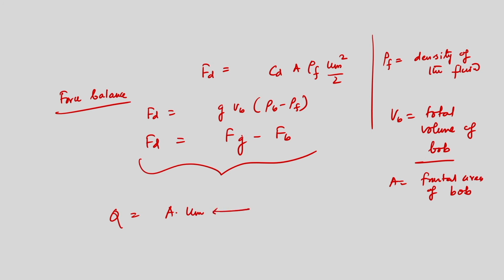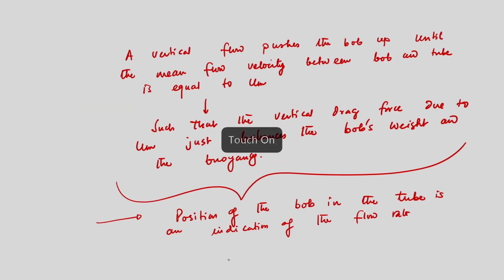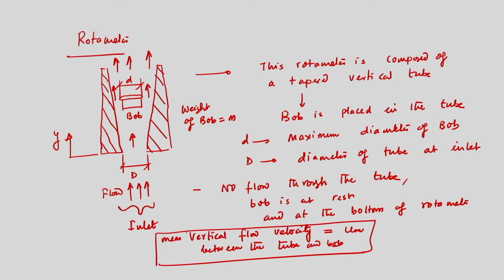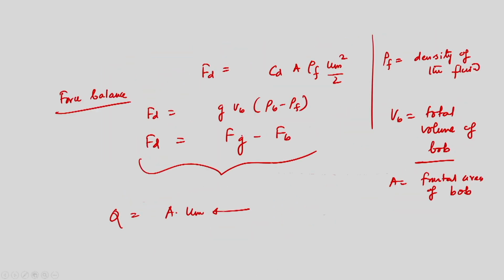This is the vertical mean flow velocity between the tube and the bob, and this A is the area, obtained from the quadratic area relation.